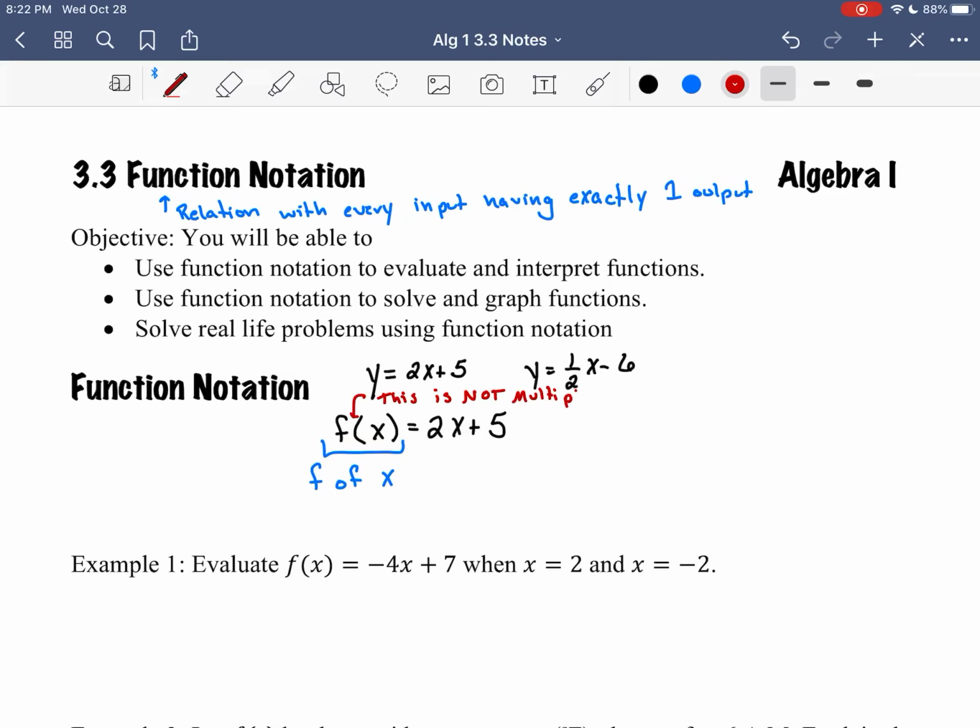What this f of x is telling me is that f is the name of the function. That is its name. And this x here is just telling me what my independent variable is.